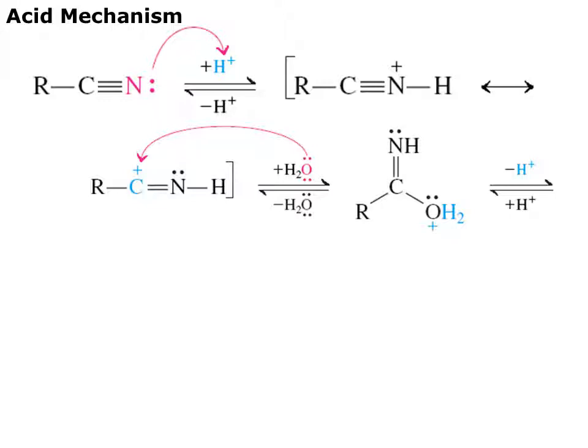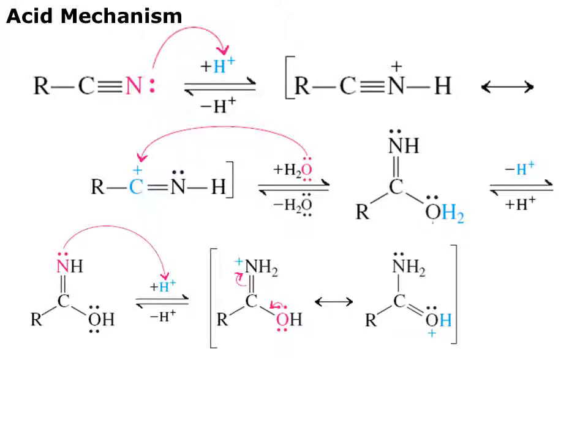This next step here is a proton transfer. You can have the proton transfer coming from the amine, but make sure before you proceed that you have something deprotonating the extra hydrogen off of our newly added water. From here, just like with the carboxylic acid, our next spot that's going to add a proton is going to be our nitrogen.